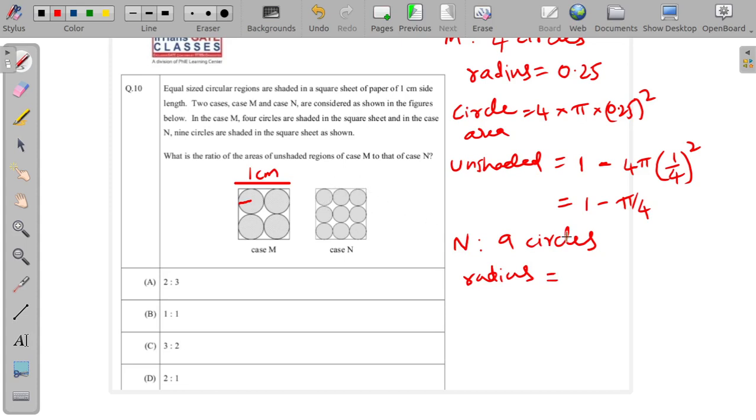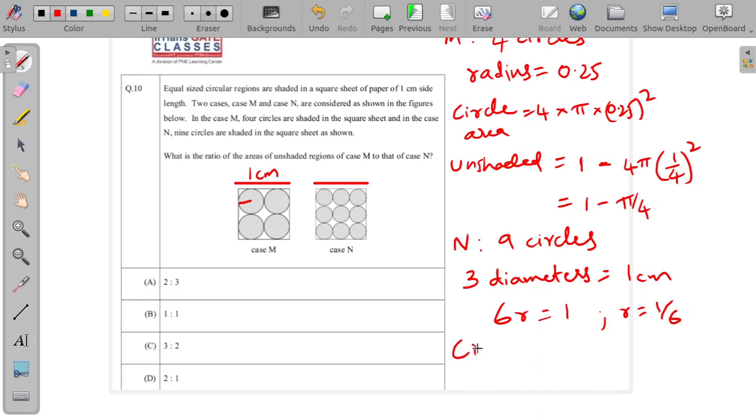So 6 radius, let me write that once properly. 3 diameters, they'll give 1 centimeter length over here. This length 1 centimeter has 3 diameters. So there are 6 radius, or the radius is 1 by 6.